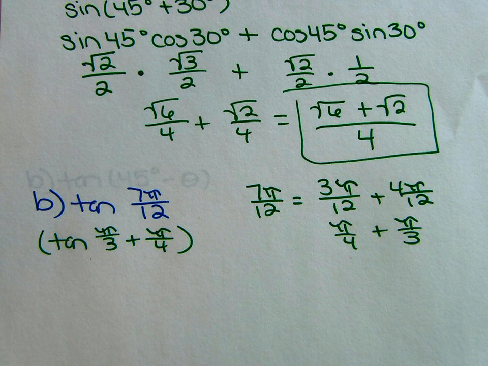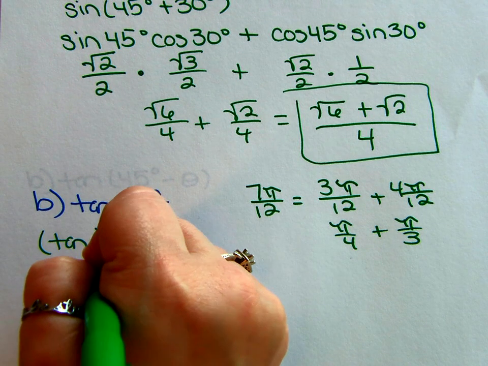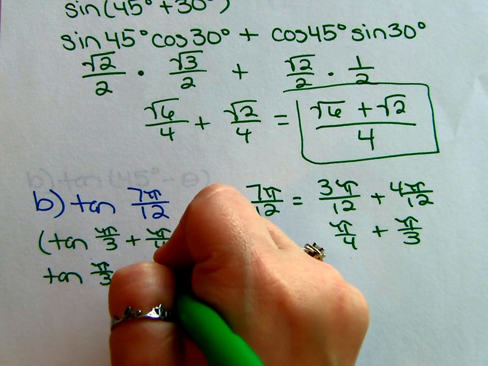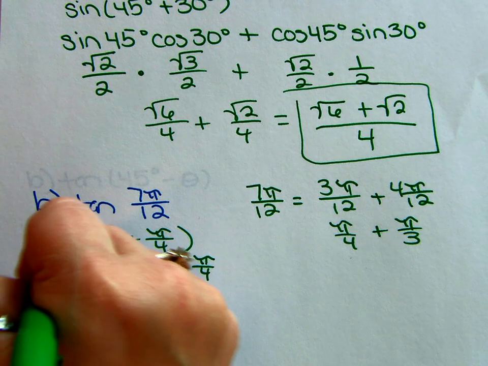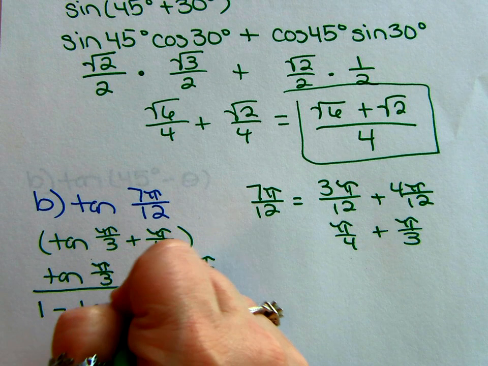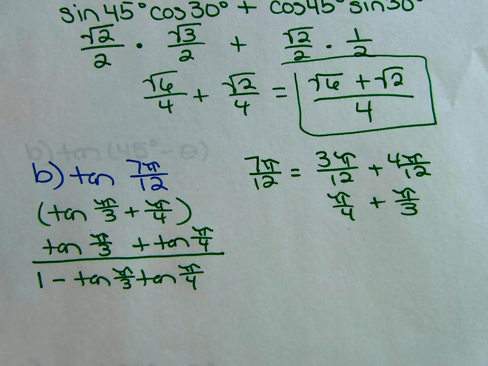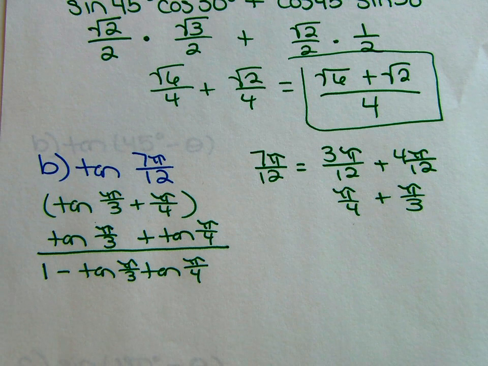Tangent's got a lot more going on than the sines and the cosines, because the tangent of sums means we have tangent of A, so tangent of pi over 3 plus tangent of B, plus tangent of pi over 4, all over 1 minus tangent of A times tangent of B. So there's a lot more to do with this. But that's okay, because it's all going to really work the same way. The problem is that we're going to have to do some rationalizing of our denominator in this one.